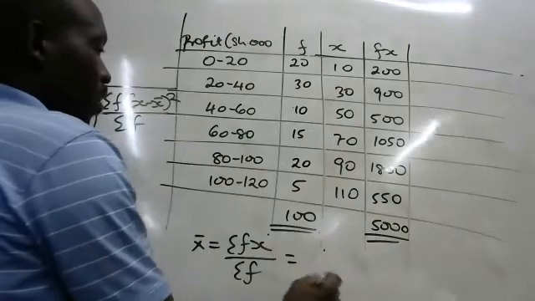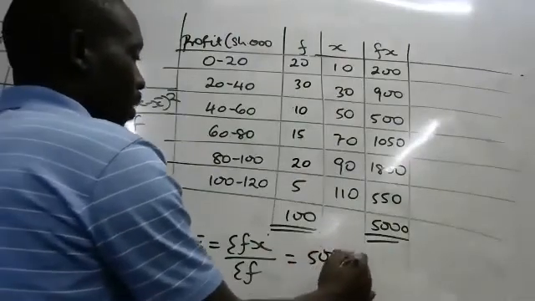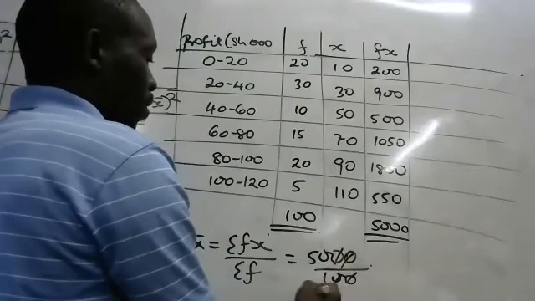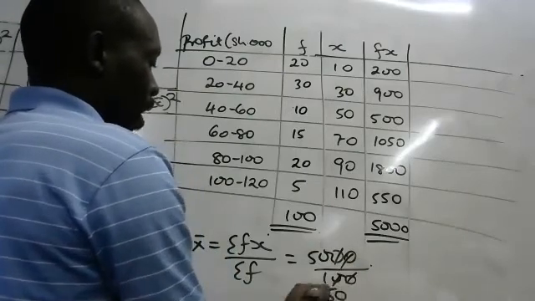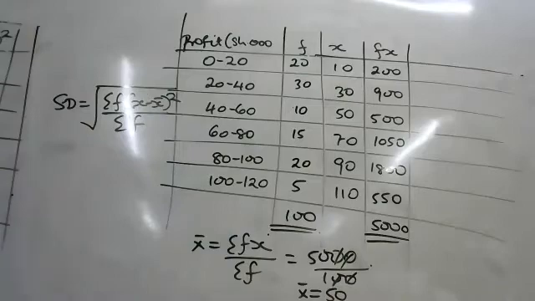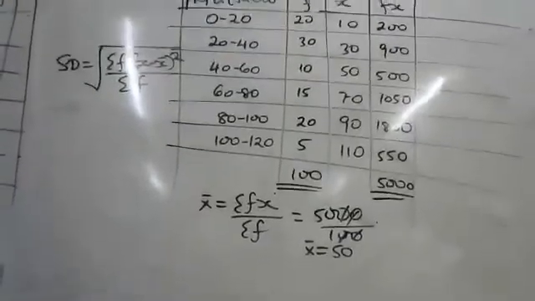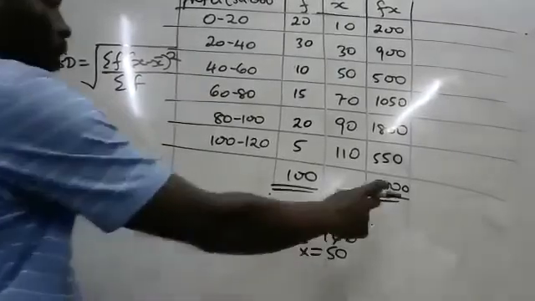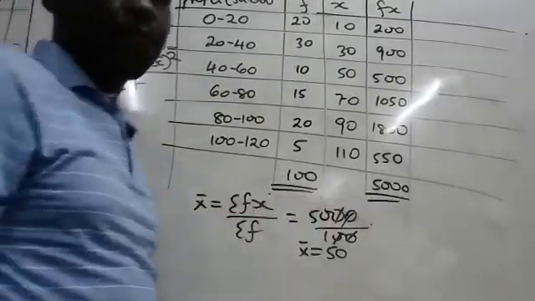So the mean is going to be 5,000 divided by 100. So the mean is going to be equal to 50. That is our x bar, the fx divided by the sum of f.